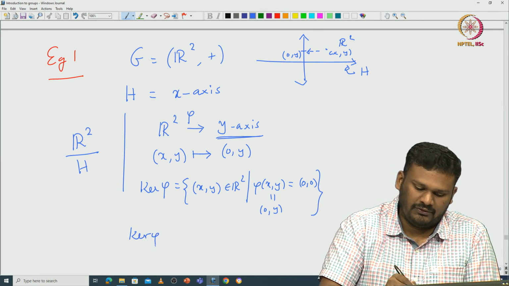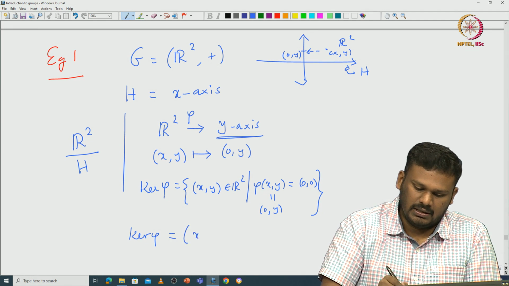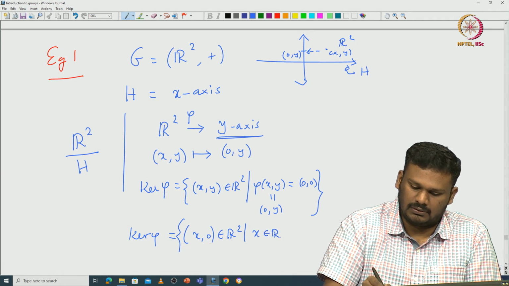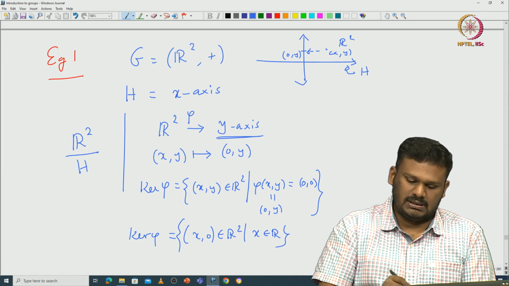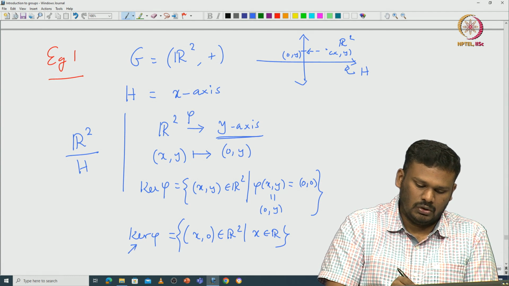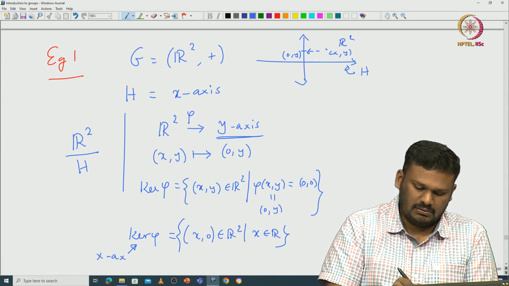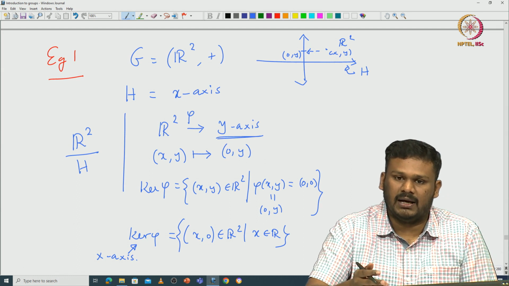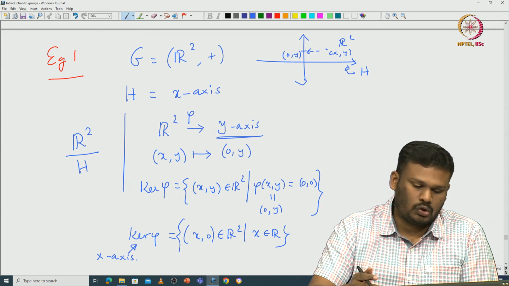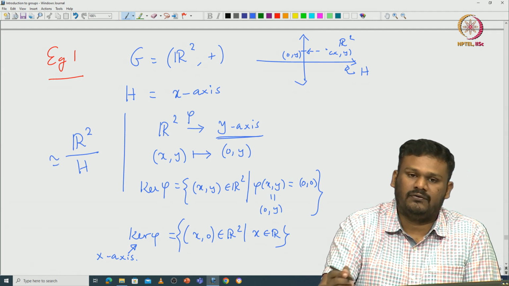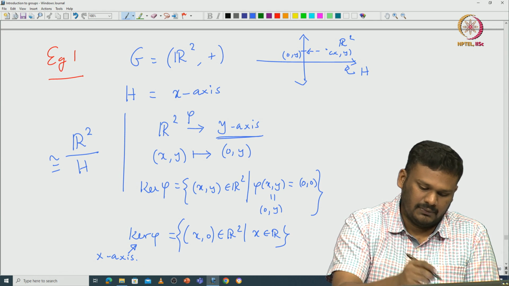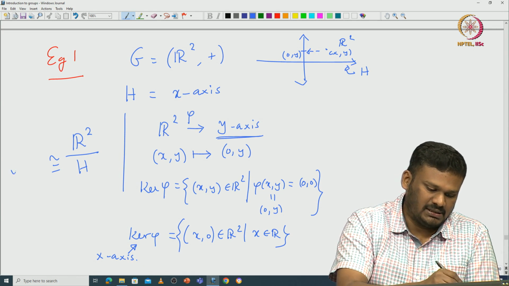So the kernel of phi is exactly (x,0) in R2 where x is coming from R. But what is this? This is exactly your x axis. Okay, it is easy to see that phi is a surjective map. So in particular R2 modulo H is isomorphic to the image of phi, which is the y axis.